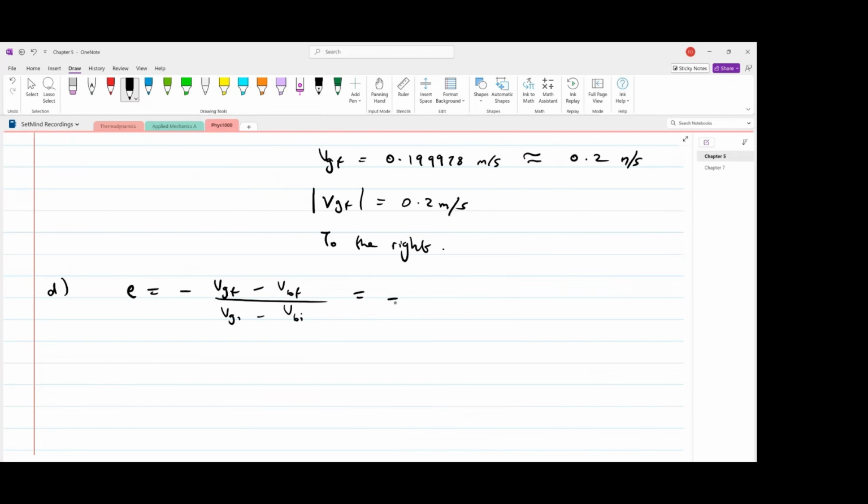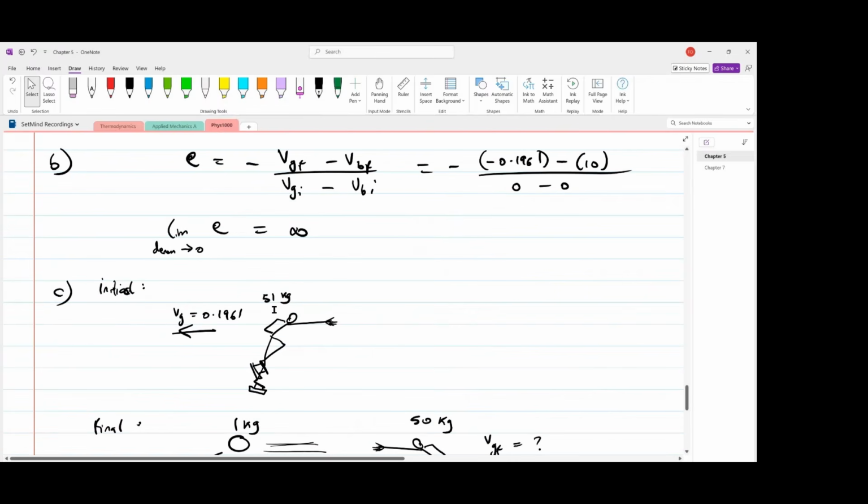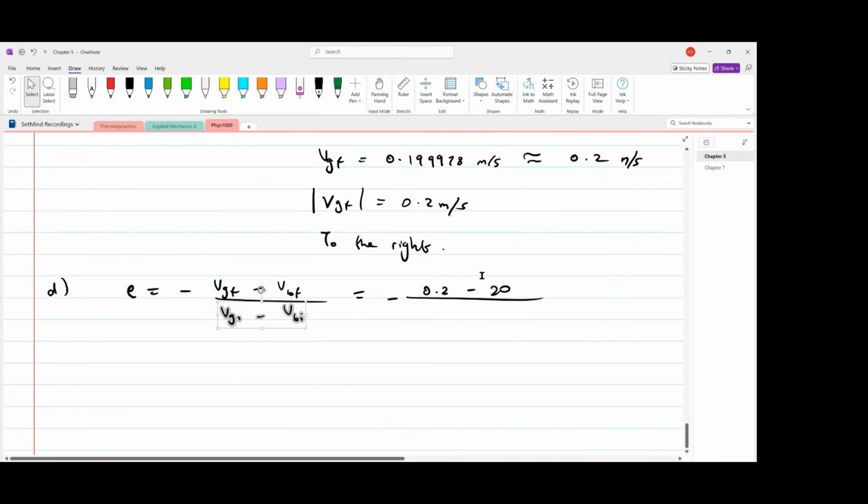But now we're going to have negative 0.2 minus 20 divided by, now they have an initial velocity, but they are moving together, right? So this is where relative velocity becomes important because this term represents relative velocity. So even though they both have velocity, they should have been minus 20, so plus 20.